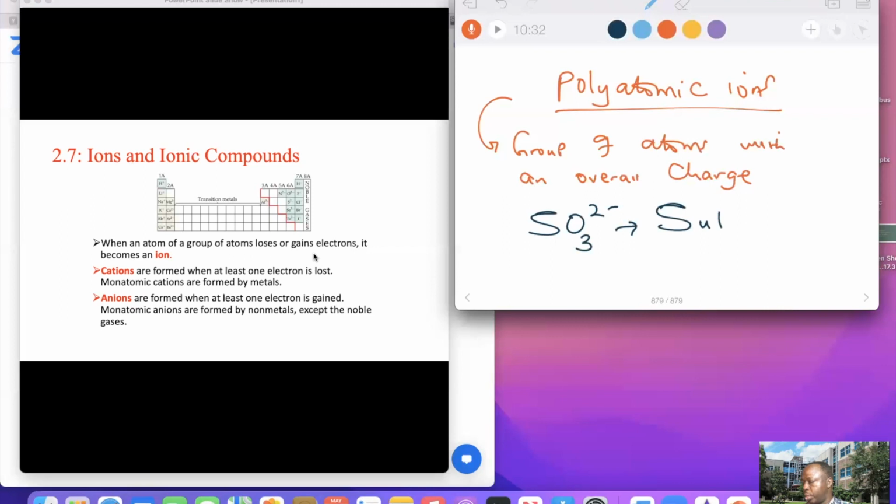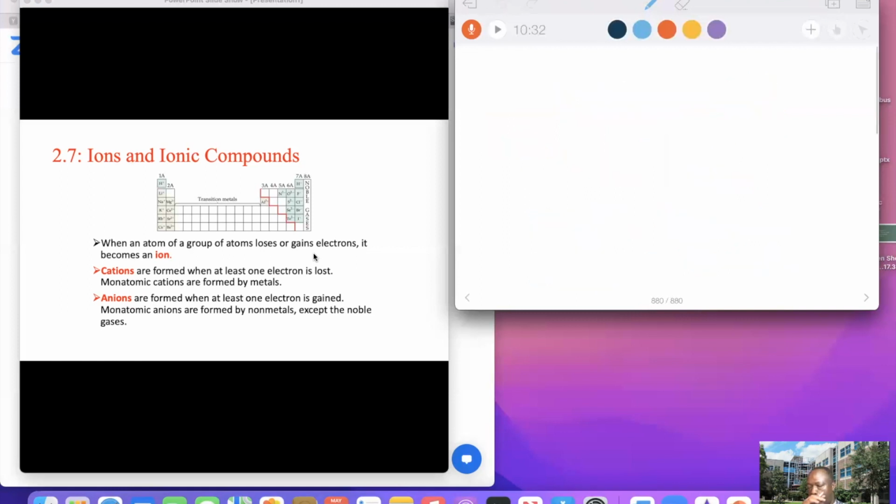We call this sulfite. Then SO4 2 negative is sulfate. Look at the ATE and ITE, how they are being used.